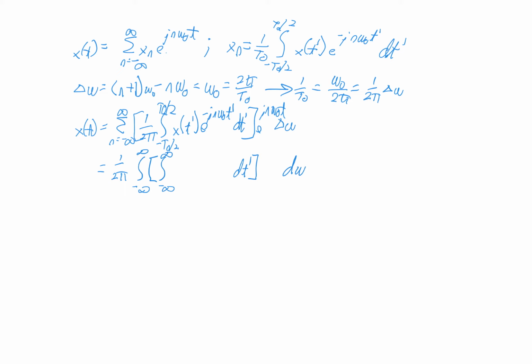The expression in here is x, which is a function of the time variable. The other thing that depends on the time variable t prime is e to the minus j n omega naught, which is just our frequency now. As we let t naught go to infinity, omega naught became infinitesimally small, and we're multiplying it by integers n going up to infinity.